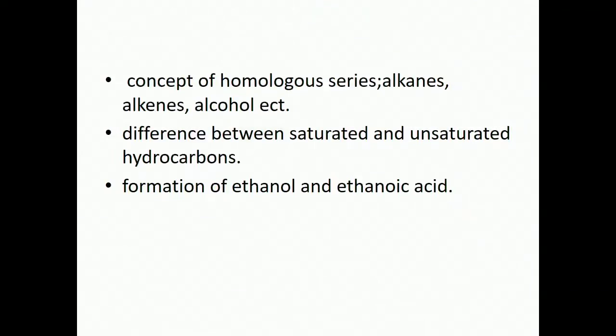So if you add it to alkane or to a saturated hydrocarbon, the color will remain the same. And for unsaturated hydrocarbon, for example, the alkene, if you add bromine water to it, the color changes from brown to colorless. Or if it's orange, it will change from orange to colorless. That's how we differentiate between the two.